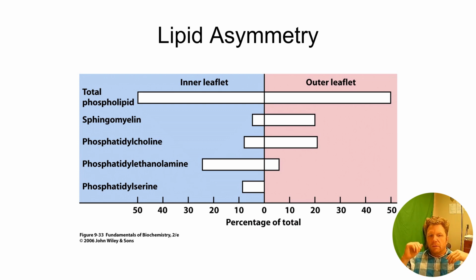Now, keep in mind that the lipids that are found on the inner leaflet can flip over and be on the outer leaflet. And there are certain circumstances that are going to stimulate that. So movement from the inner to the outer leaflet, just to kind of signal, hey, this is what's going on in the cell, might take place.